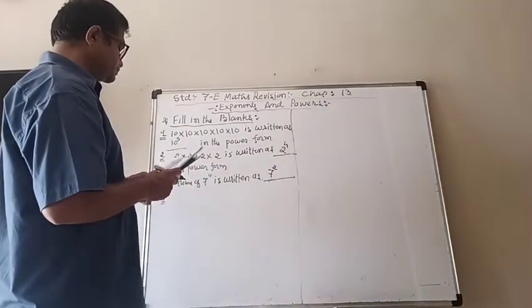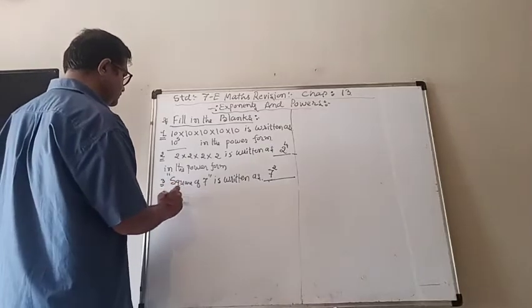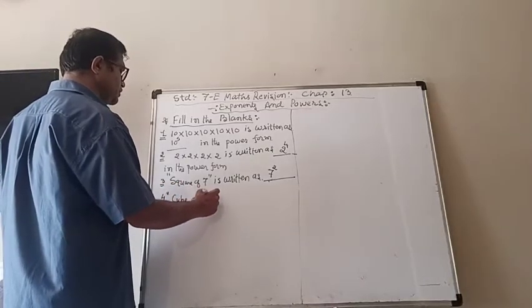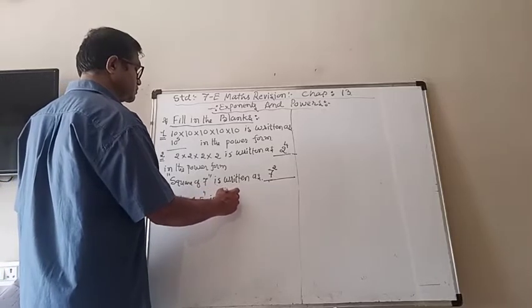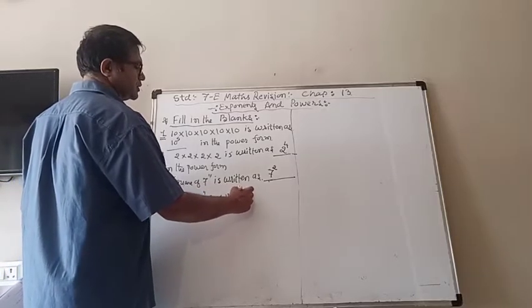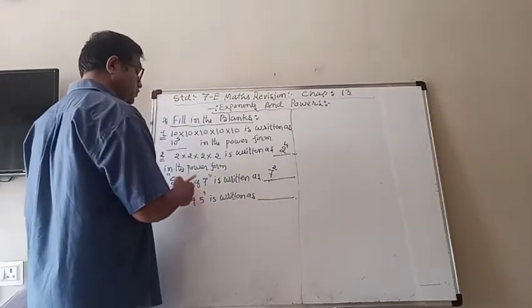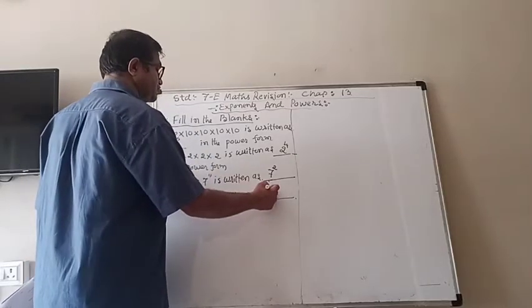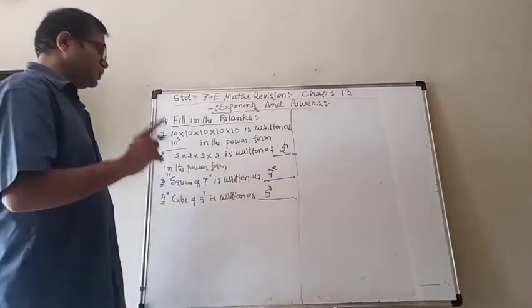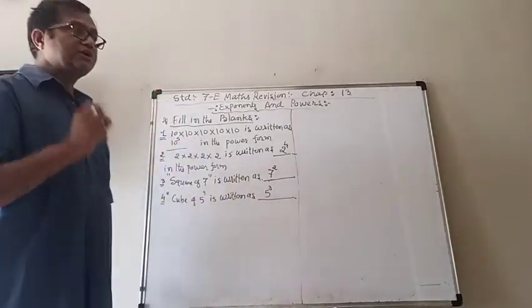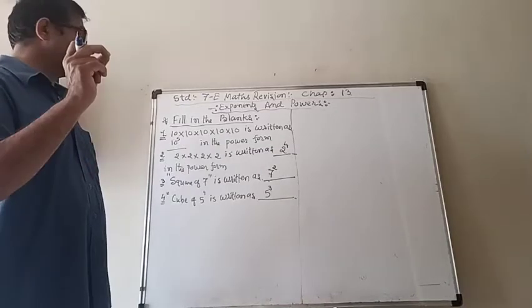Fourth one, cube of 5 is written as, so 5 cubed. So 5 raised to, so you have to remember that square is power 2 and cube is power 3.